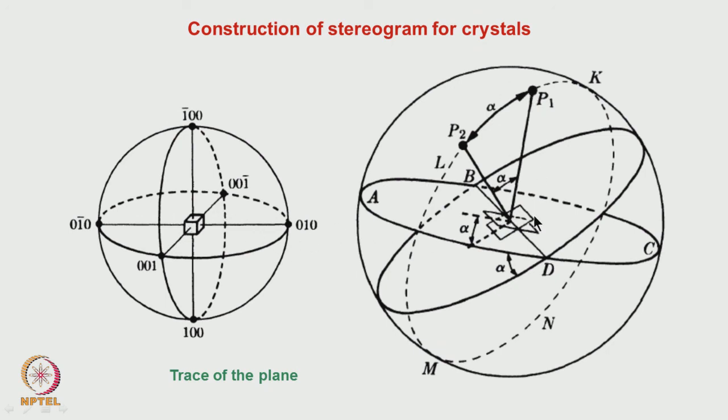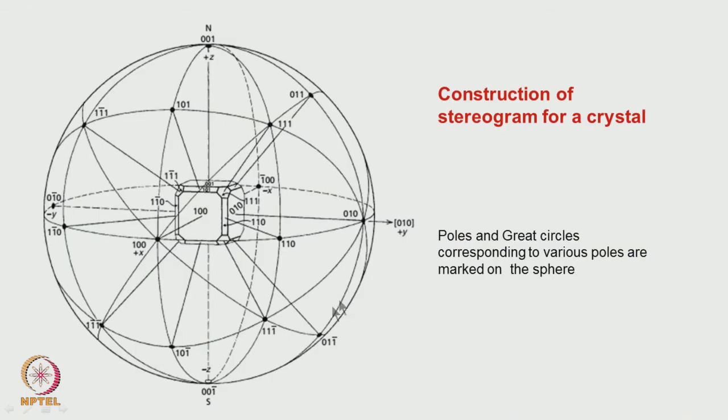Suppose we wanted to measure an angle between two planes in this particular case. The angle between these two planes is equivalent to the angle between the plane normals also. So by measuring the angle between the plane normals, essentially what we get is the angle between the planes. Let us see how to construct a stereogram.